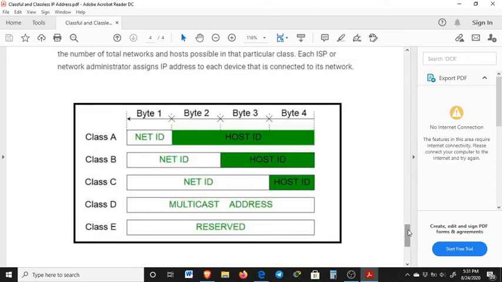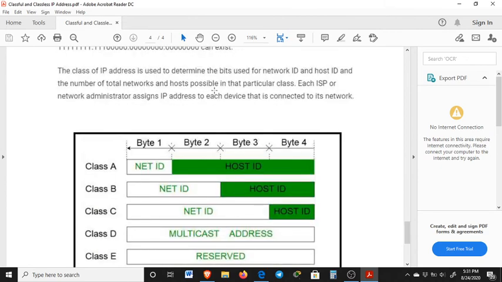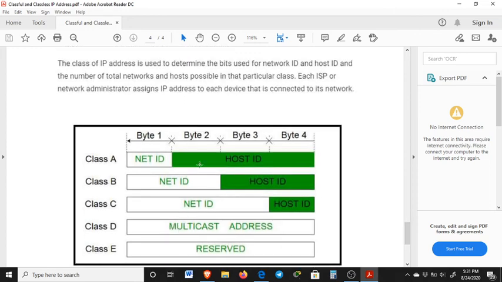Now, looking at the IP address itself, the class of the IP address is used to determine the bits used for the network ID and host ID. If you look at the IP address, there are two parts: the network ID and the host ID, and this determines the number of total networks and hosts possible in that class. In class A, the first 8 bits represent the network, and the rest represent the host.